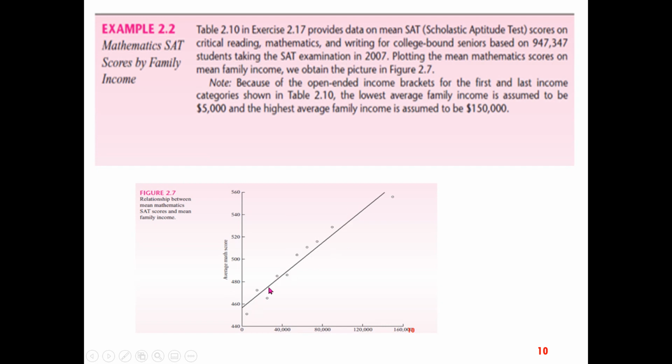So we have actual data and we plotted it on a scatter plot, and we saw that it's an upward sloping line. So what does that mean? It means that generally whenever there is an increase in income, it is expected that math score increases. In other words, we are expecting that the students who belong to the families who are earning more are scoring more in mathematics.